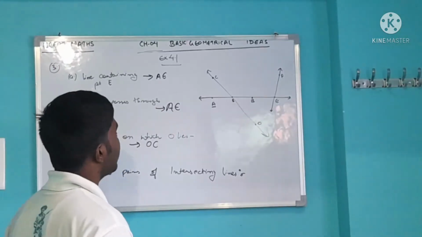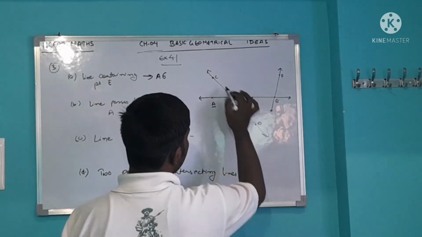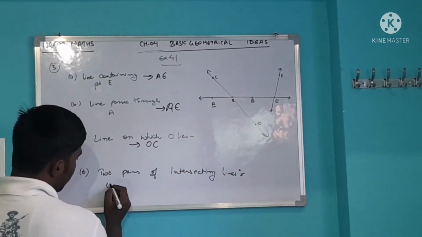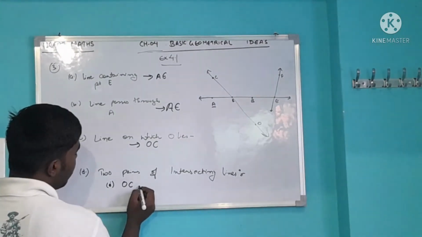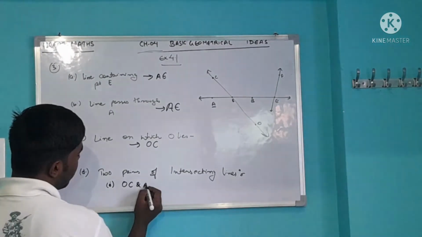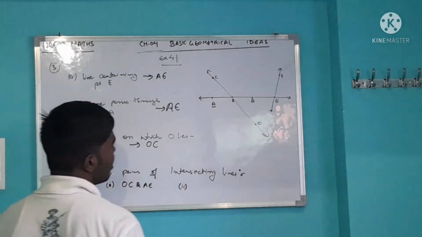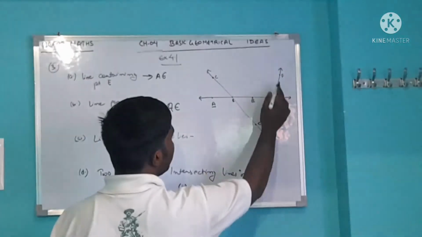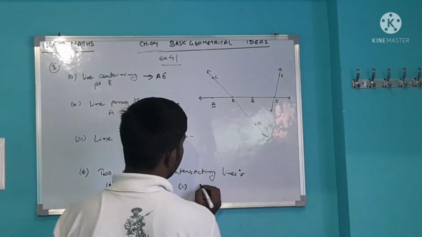So the intersecting lines are here as AE and OC. So first pair will be OC and AE. And second lines are like again AE and EF.